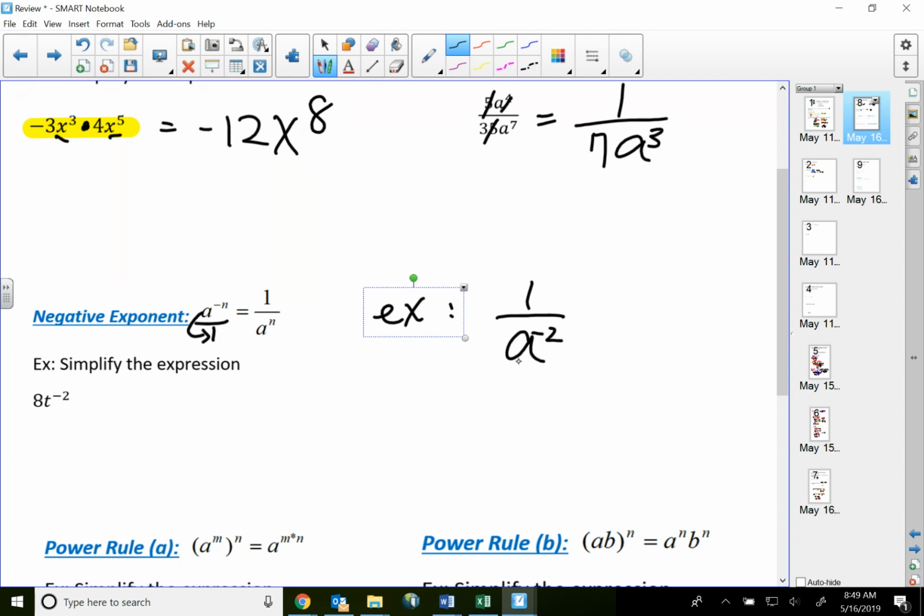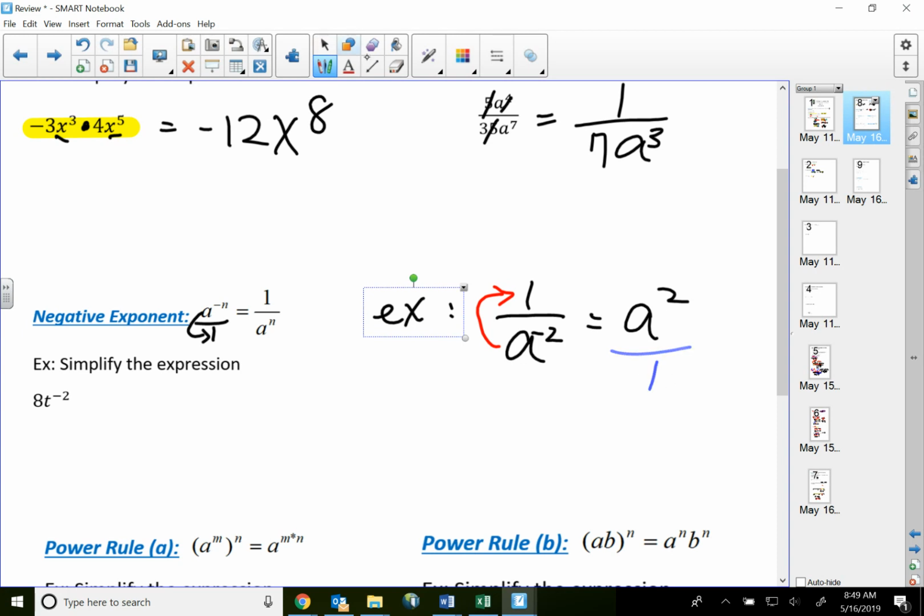So if my base a down here has a negative exponent, then I will need to flip it to the other side of the fraction and make the exponent positive. So my a squared now is actually on the numerator. See it as over 1, but we don't write over 1 if there's nothing else in the denominator.